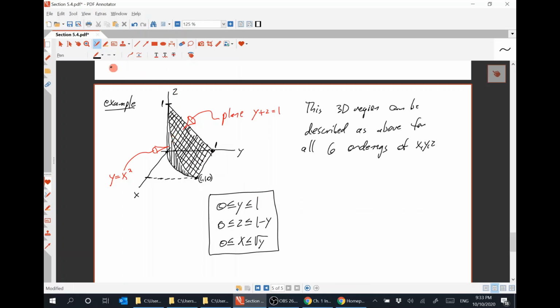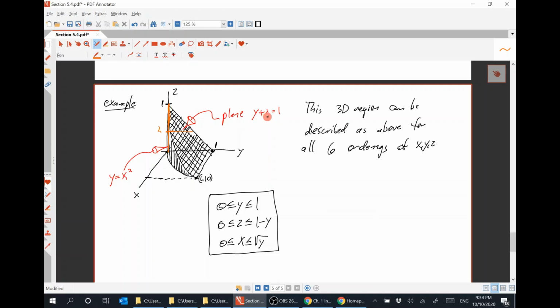What about the z? Okay, on the z-axis, z is going from 0 to 1. Now in the zy plane, if I pick a z, so first we start on the z-axis. Z is going from 0 to 1. Now, if we stick to the yz plane, if you get a z right here, then the y is going from here, the z-axis, which is y equal to 0, to this right here, which is y equal to 1 minus z, right?